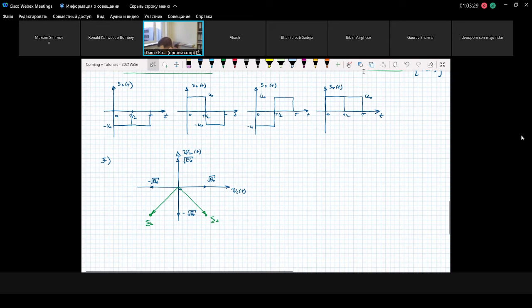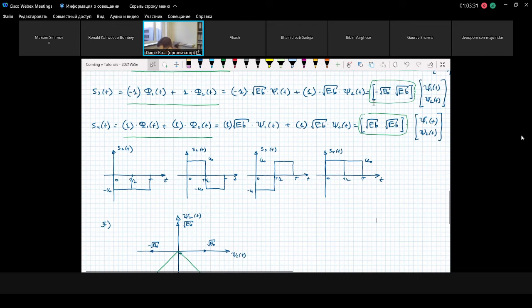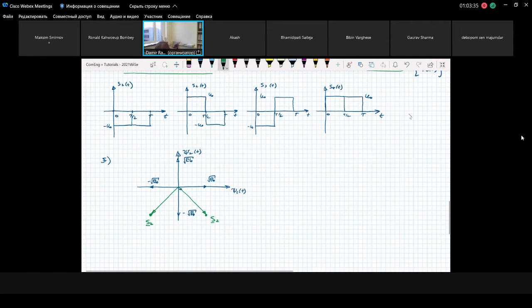Then we go to the third, minus square root of EB and plus square root of EB. This is S3, and the last signal, S4, has all components positive.